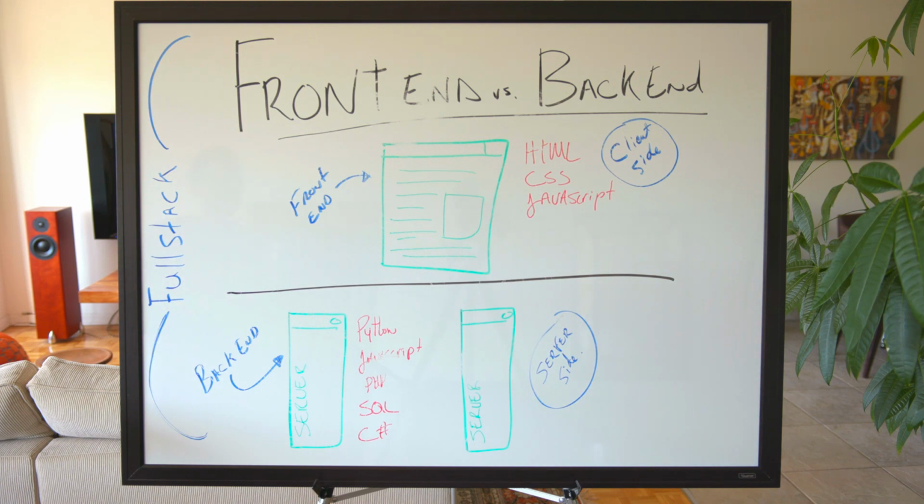You have two types of computers out there. You have client computers, your smartphone, your laptop, your desktop. And on the flip side, on the opposite end, you have something called the server computer. What's the difference between a client computer and the server computer? Well, in terms of the hardware, there's not much of a difference. These days, any computer can be a client or a server computer.